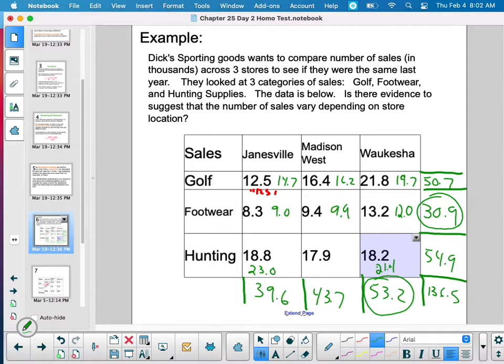Do you have the expected value for Madison West Hunting? Okay, apparently Nick isn't going to do that, so.